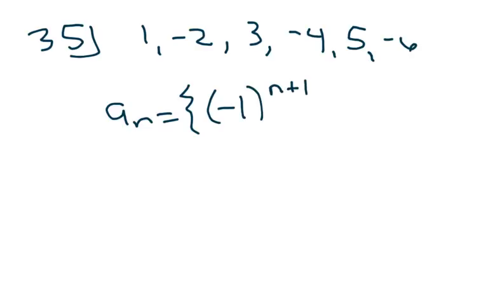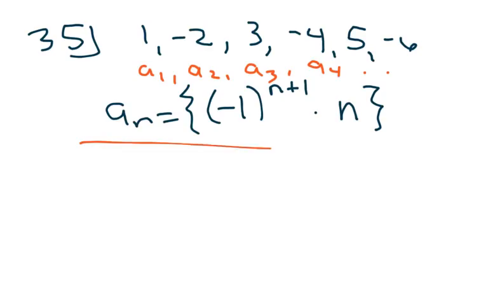And then I'm probably just going to write times n. And when you do something like this and you're new to it, plug in the values again. Just write this as a sub 1, a sub 2, a sub 3, a sub 4, etc. until you get used to this notation with that negative 1.